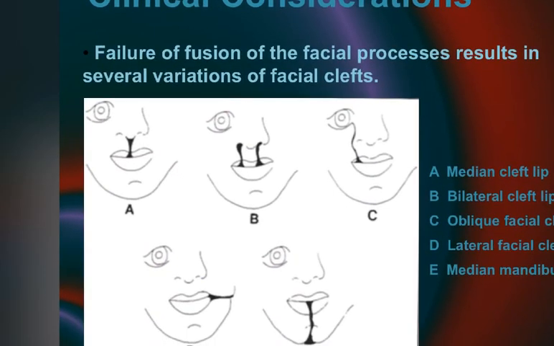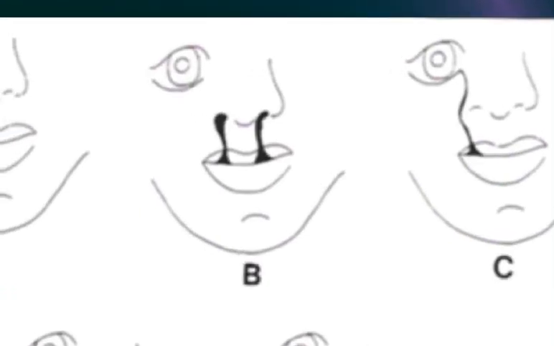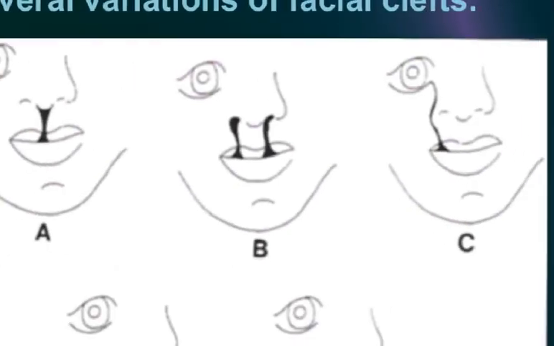The same thing, but only on one side, they call it unilateral cleft lip. So unilateral cleft lip and bilateral cleft lip, they are both failure of fusion between maxillary process and medial nasal process. But if that takes place only on one side, then they call it unilateral. If it takes place on both sides, they call it bilateral.